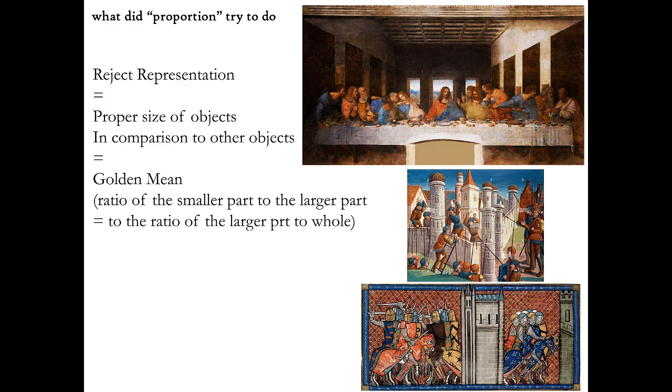So the idea is in the Last Supper, you have the table, but also the space below the table. You have the people at the table, and the space below the table is equal to the space above their heads. So that you get these ratios that the eye sees of how things look in their spaces, and it's the golden mean.